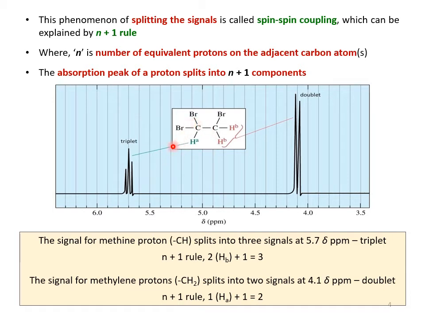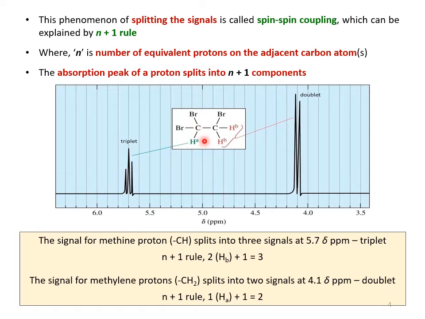Since this methine is split into a triplet, it indicates that the adjacent carbon atom has two hydrogens. Since the signal for the methylene proton has been split into a doublet, it indicates that the adjacent carbon atom for this methylene group has only one hydrogen.